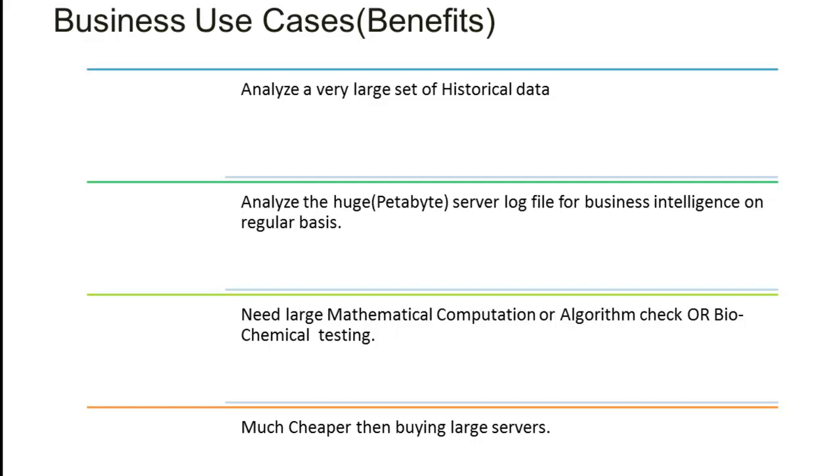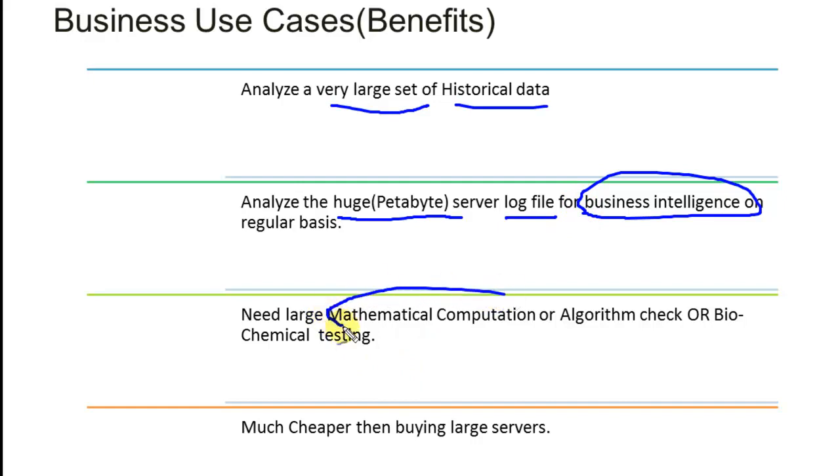So let us quickly recap the business use cases and benefits for us. First is to analyze a very large set of historical data, and analyze huge petabytes of log files for business intelligence purposes.